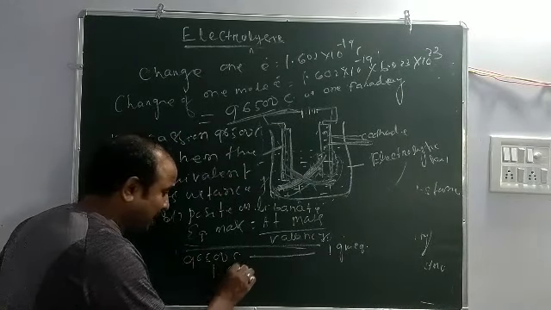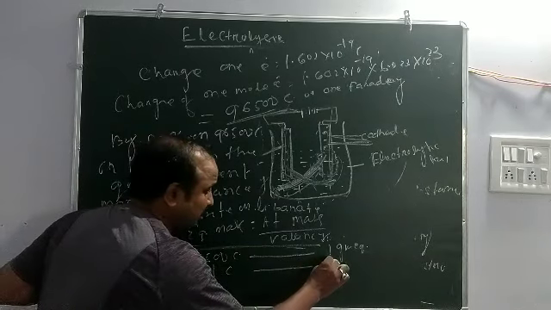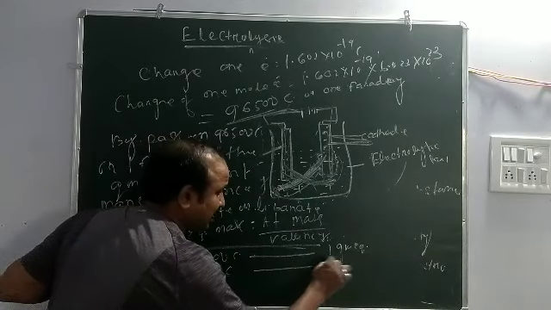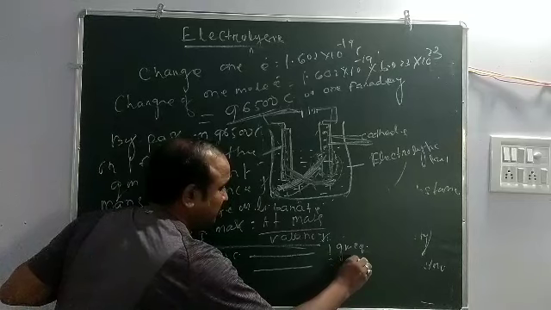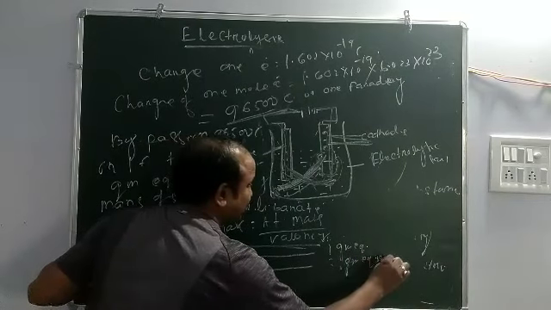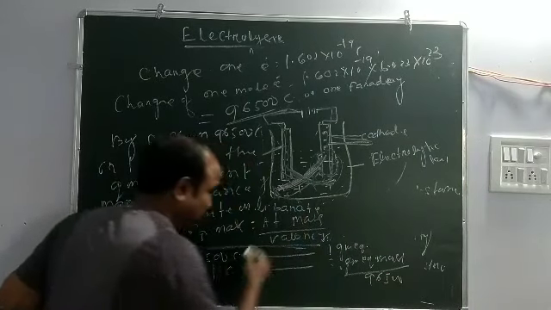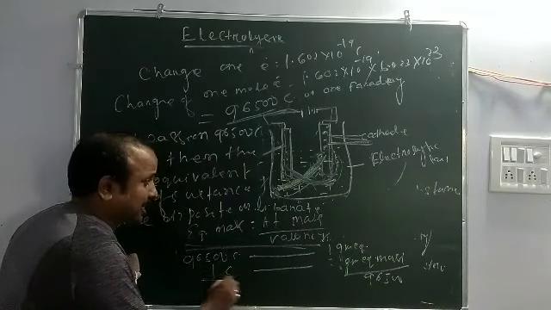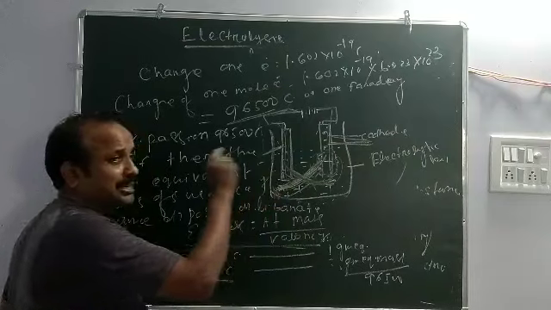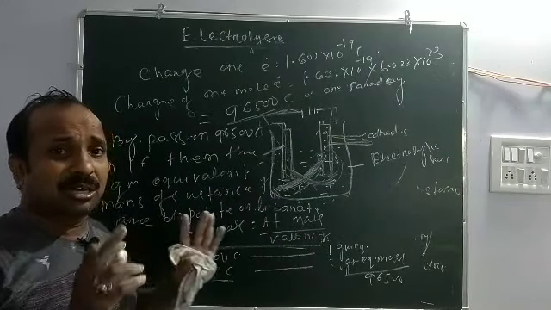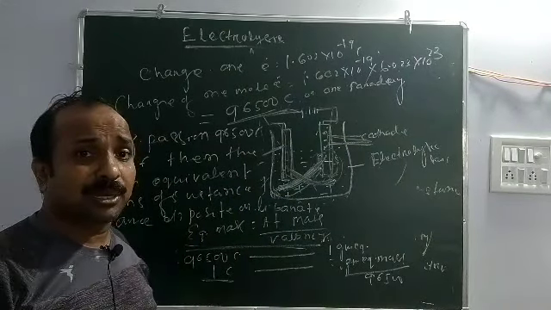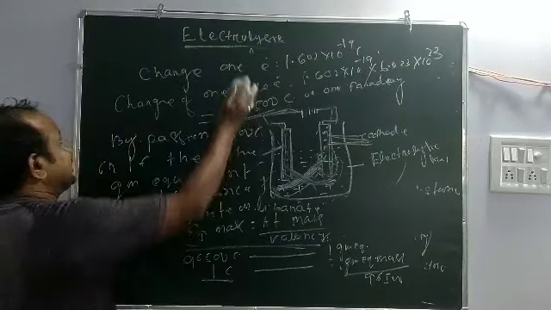If 1 coulomb electricity passes through the solution, then the mass deposited is gram equivalent mass divided by 96500. You know that when 1 coulomb electricity passes, the mass of substance deposited or liberated at the electrode is the electrochemical equivalent, Z. So Z equal to equivalent mass by 96500.